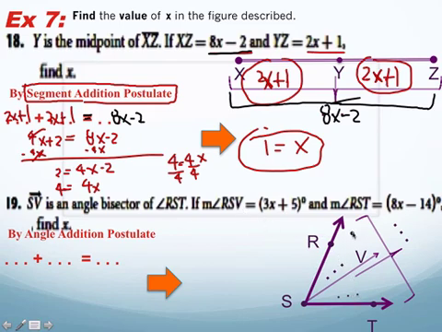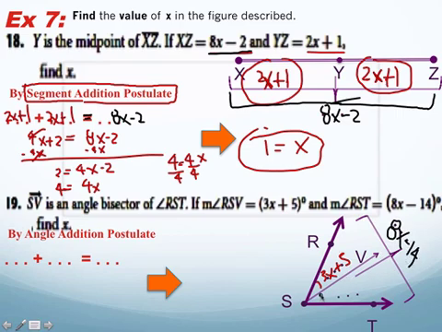RSV is the first half, 3x plus 5. That value represents this tiny corner here. Angle RST represents the entire angle, so 8x minus 14 degrees.